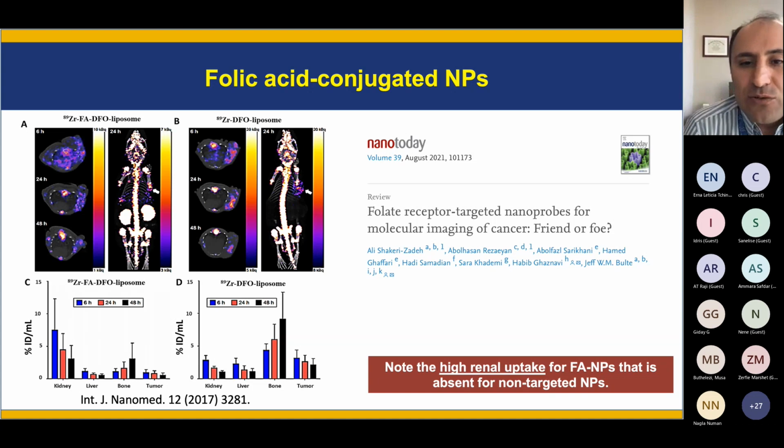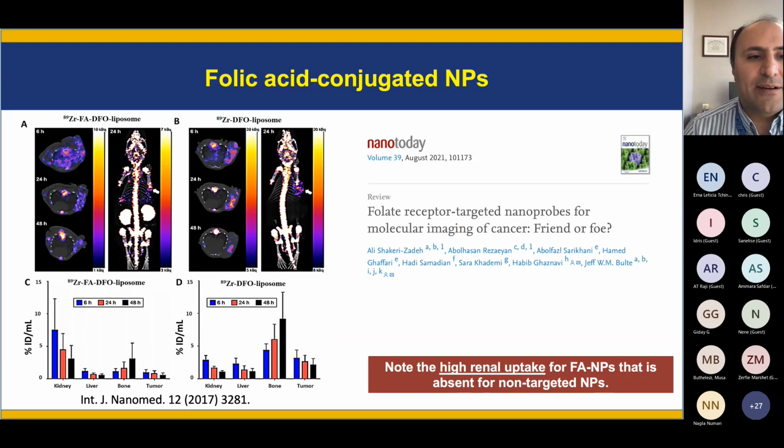Folate targeting is a very good way to target the nanoparticles toward cancer cells, but unfortunately, there are some reports that there is non-specific accumulation of the targeted nanoparticles in kidneys, liver and spleen.